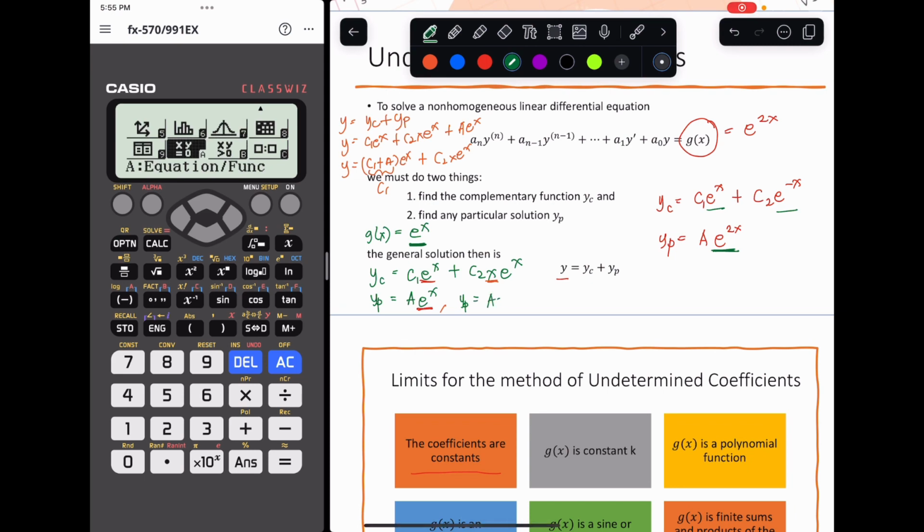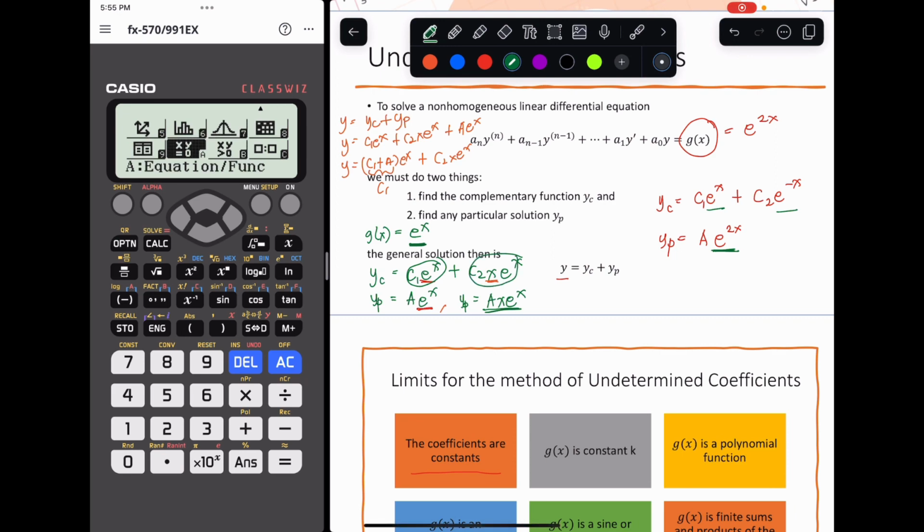So a times x e raised to x. But once we multiplied it with x, we have to take a look again at our complementary solution. So this a x e raised to x is no longer the same as this. But then it becomes similar with the second term of the complementary solution.